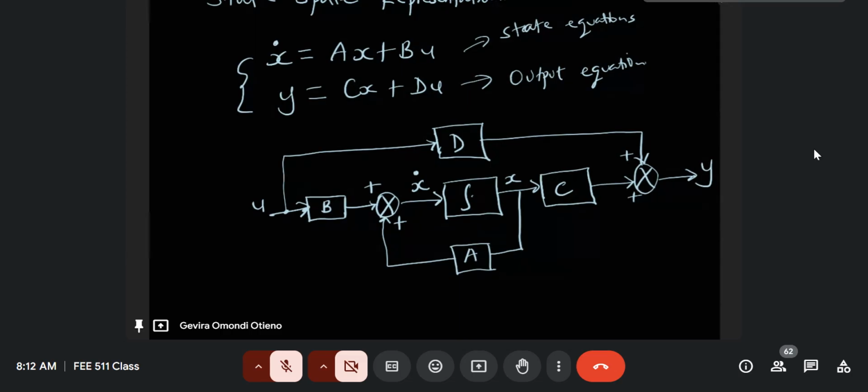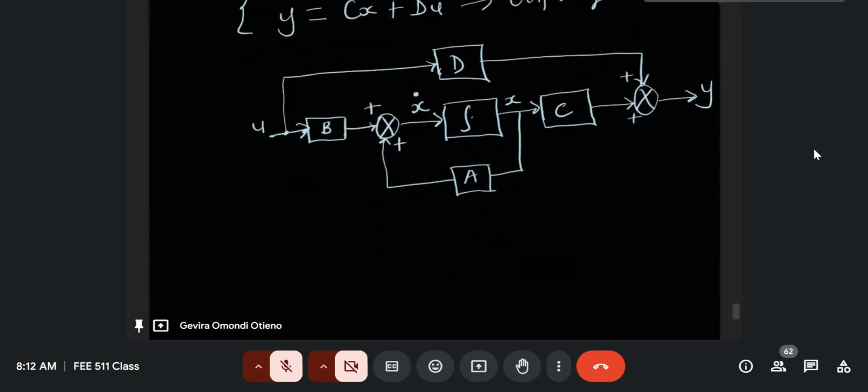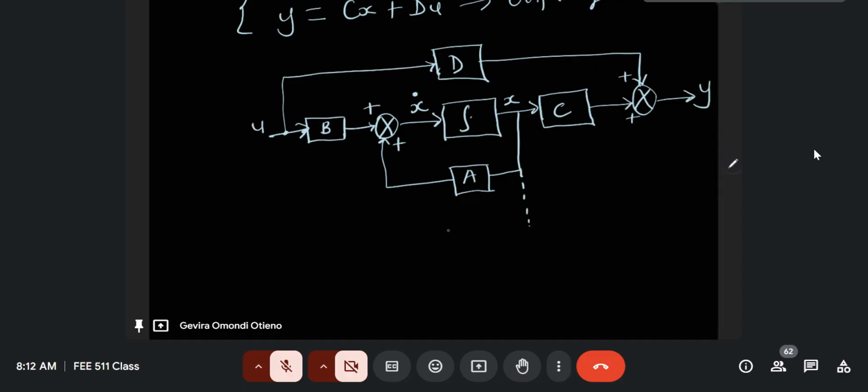To do that, it has been done before, and so this is just a principle that we have to learn. The best way is to introduce a feedback. I'm drawing it using dots because it's not part of the original system. It's part of the design itself. So you introduce a feedback with a minus k.